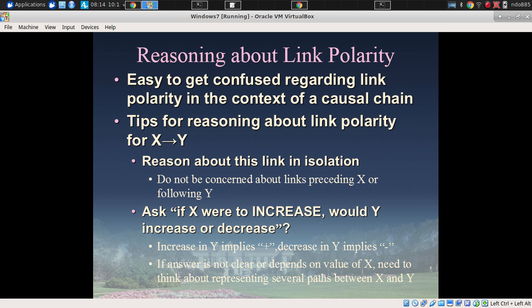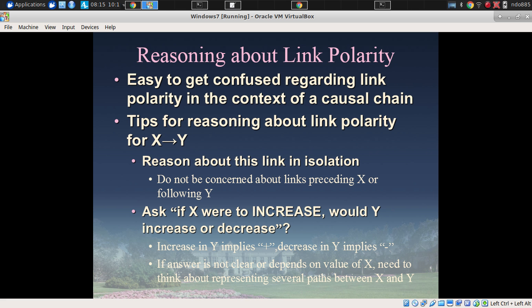So your source, are you always thinking about it increasing? No. I mean, A might fluctuate over time. Sometimes it goes up. Sometimes it goes down.